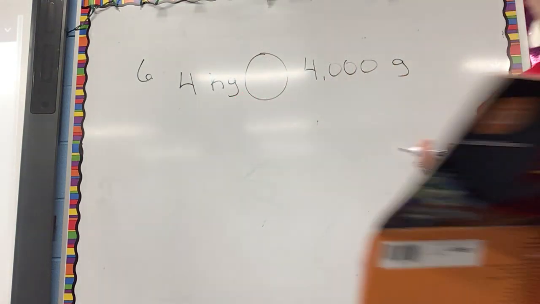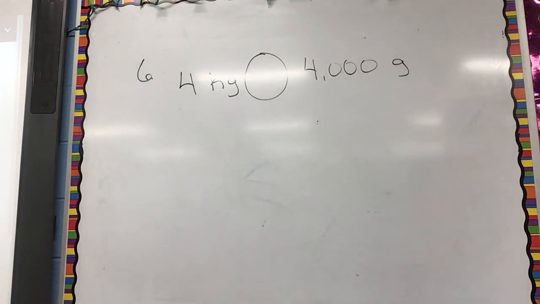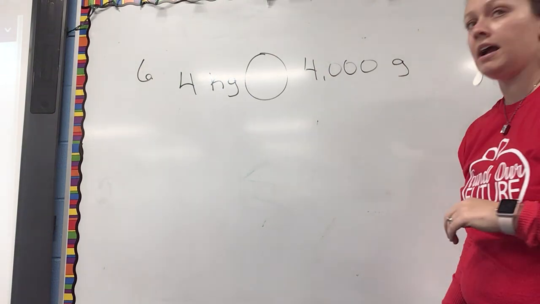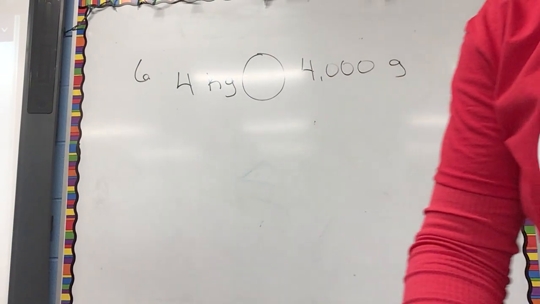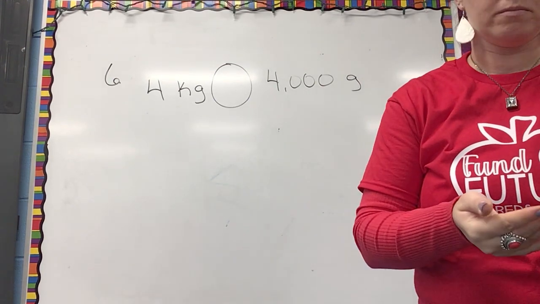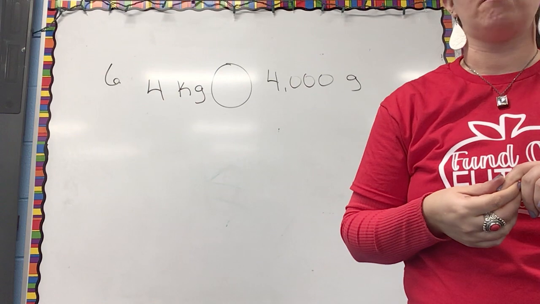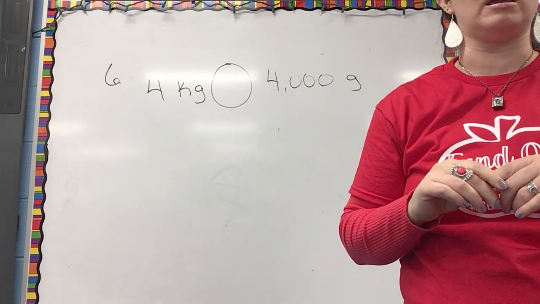I want you to compare. Some of my friends might even be able to mentally look at this one. You might not need to write down work. If you need to write down work to see this one, that's fine too, ladies and gentlemen. There's nothing wrong if you need to show work. Everybody is different and works through math differently.